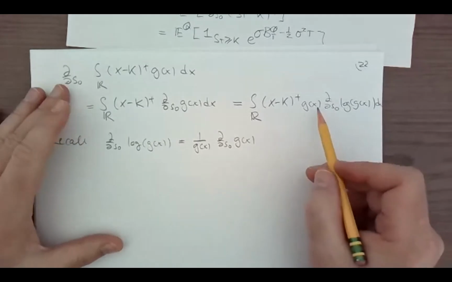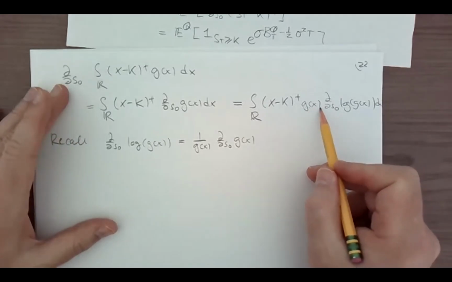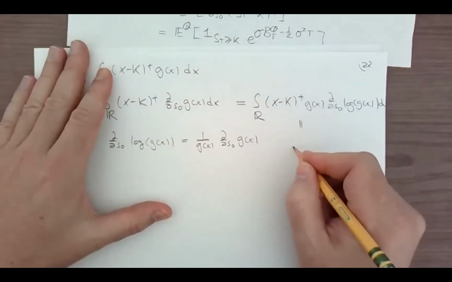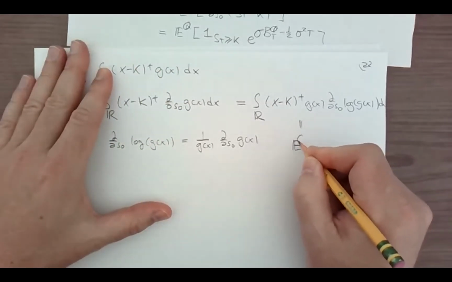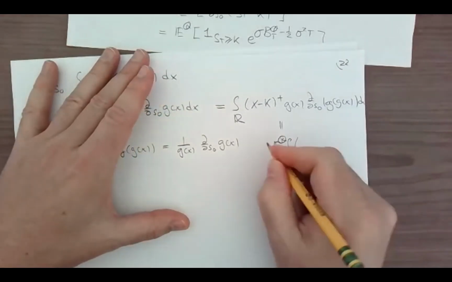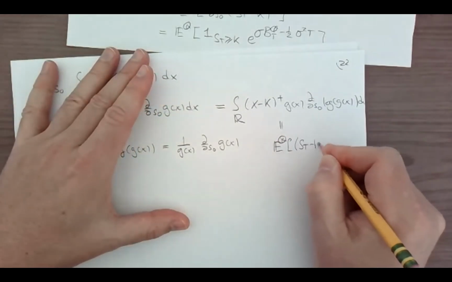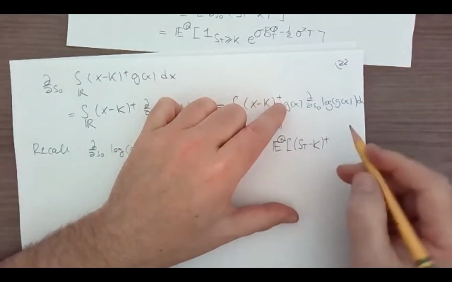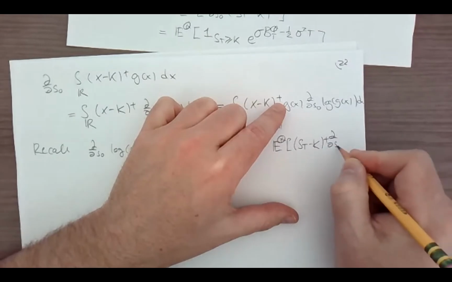Now what we recognize is that this is a density function. So we're integrating again with respect to the density, and we can write everything as an expectation under the risk-neutral measure of a payoff of (S_T minus k) positive part. G is the density, so that becomes the expectation, and then there's a derivative.